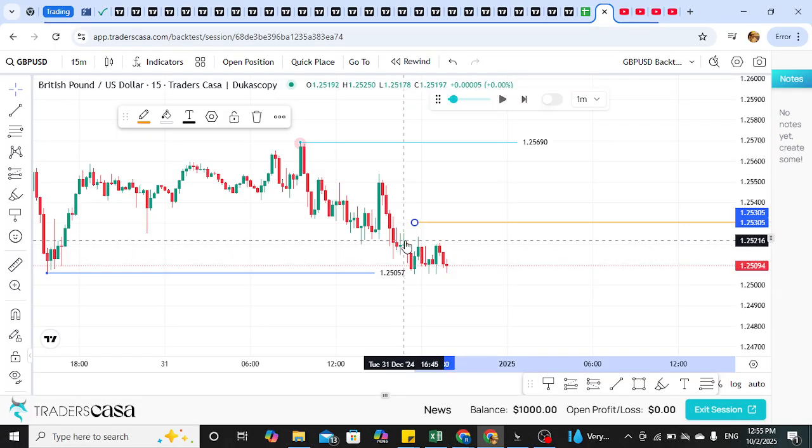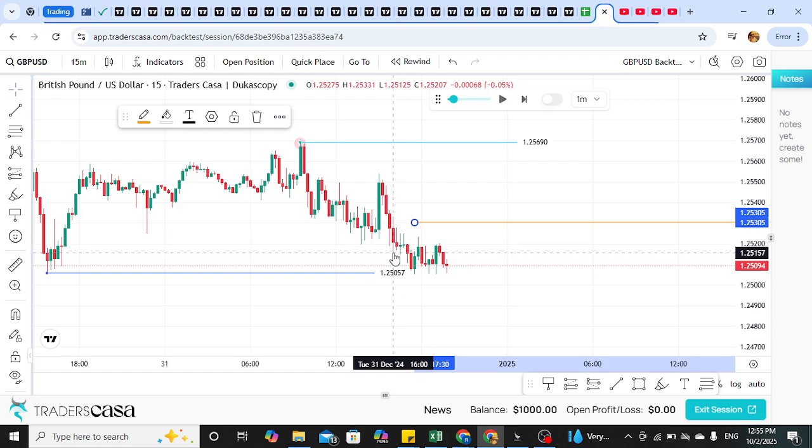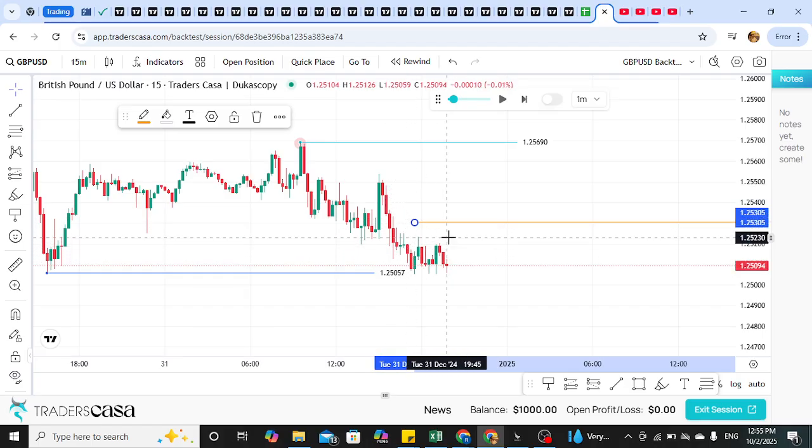This did not break this high. And even if it did, they're all engulfed in this candle. Even if this candle went up, we will not consider it a valid pullback, because all this movement is engulfed in this candle. So there is no real pullback.